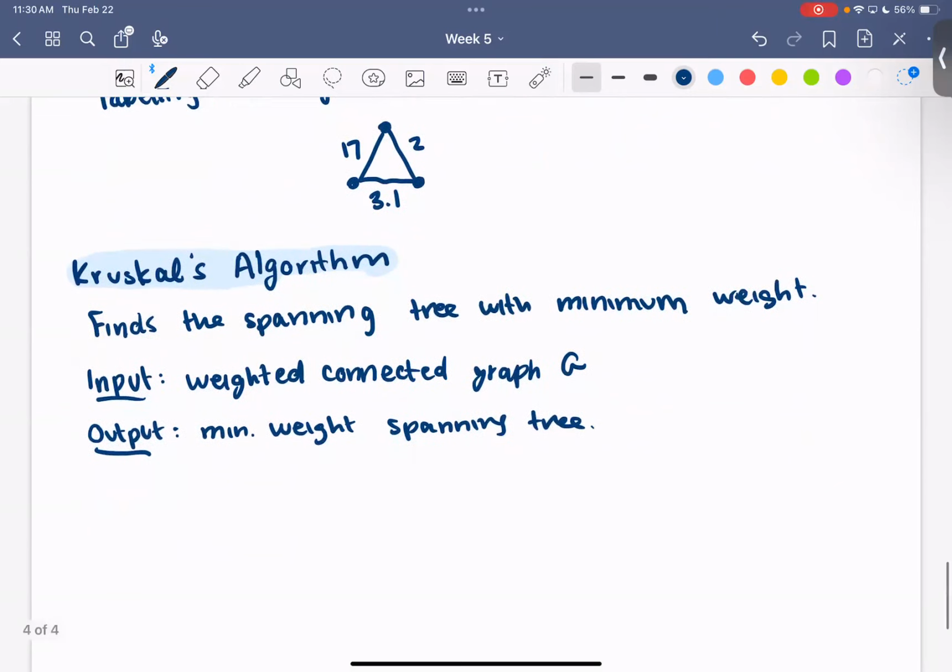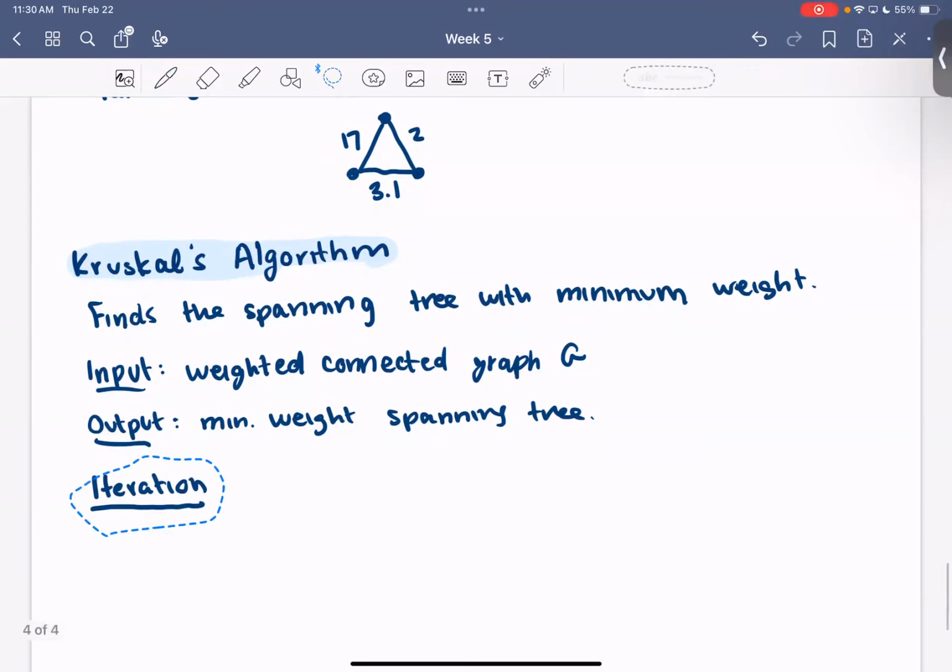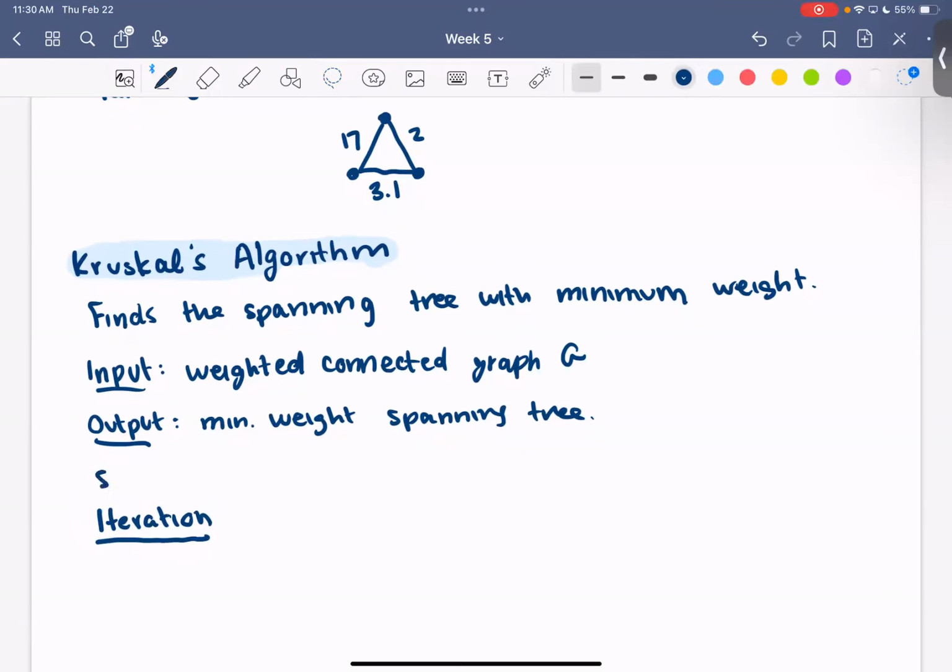Okay, so here's what you do at each step. Let me start over. Let's start with H having no edges in it, so we'll start with E of H equal to the empty set.